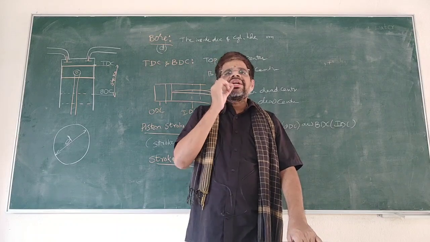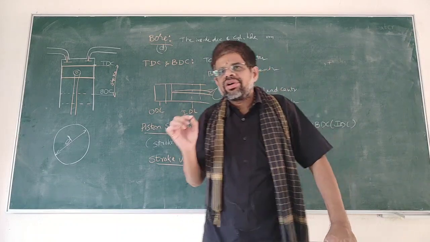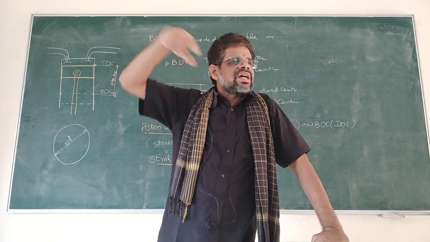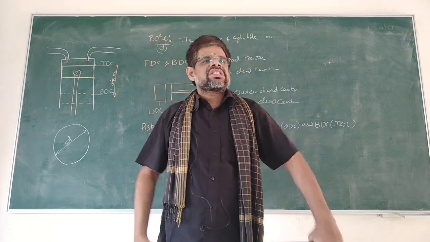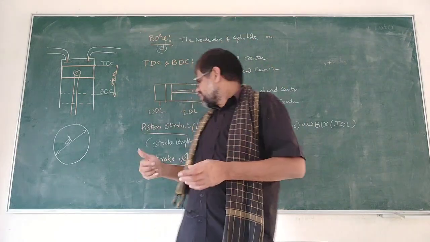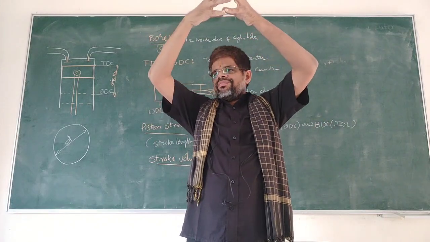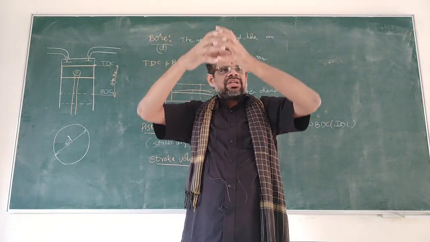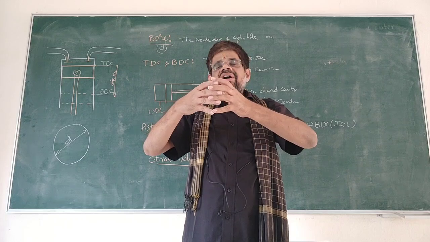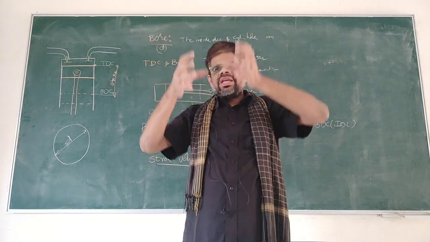Okay, so during its movement when it is making a stroke, how much volume is swept by the piston, that is called stroke volume. So for example, initially the piston is at TDC. Now the piston has reached BDC. Now what is the total volume covered from here to here?